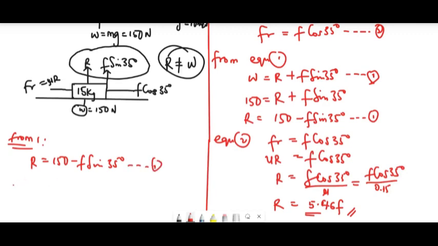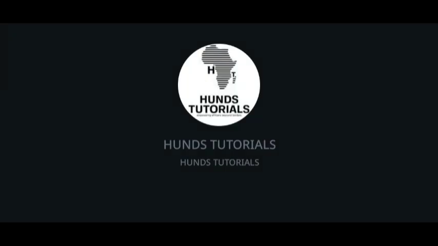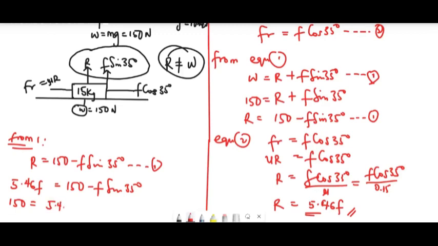So R is 5.46 F equals 150 minus F sine 35 degrees, right? So I'll have 150 equals 5.46 F plus F sine 35 degrees. So if that's the case, what will be my value?